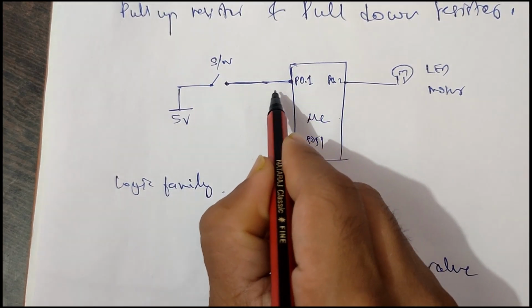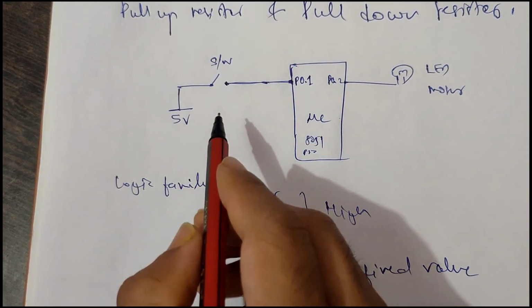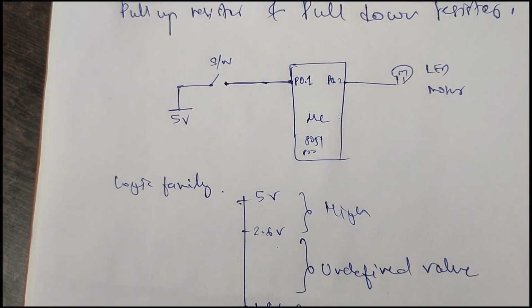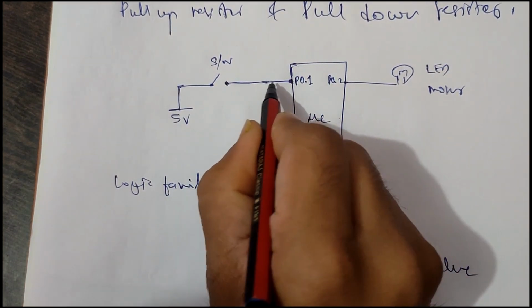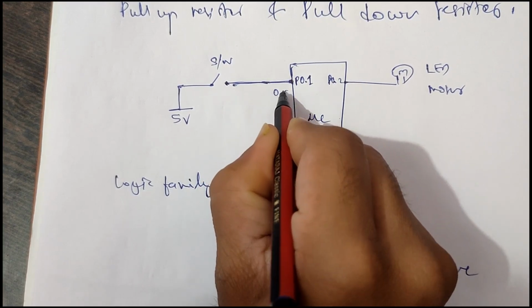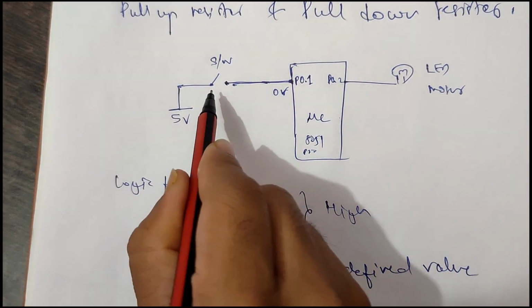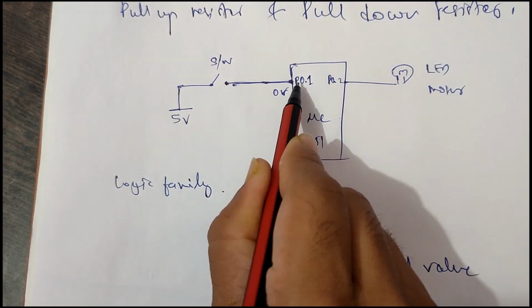I should get 0 volt here, because this is not connected to 5 volt. So logically I should get 0 volt across this pin when the switch is open, and when the switch is closed I should get 5 volt here.